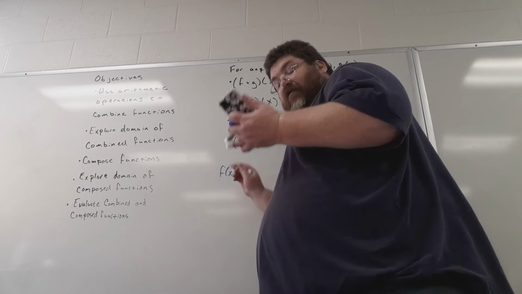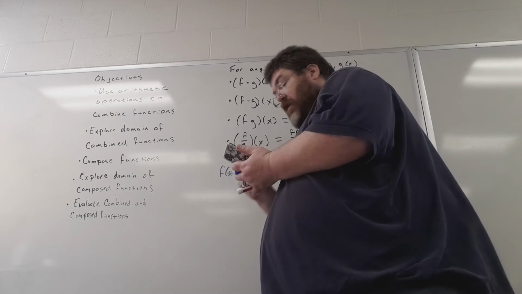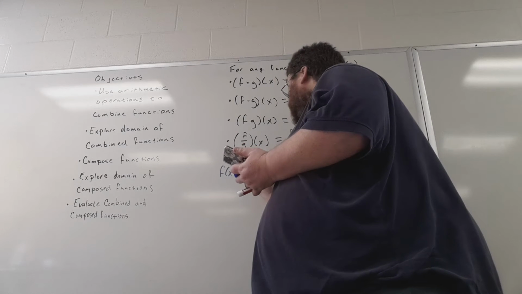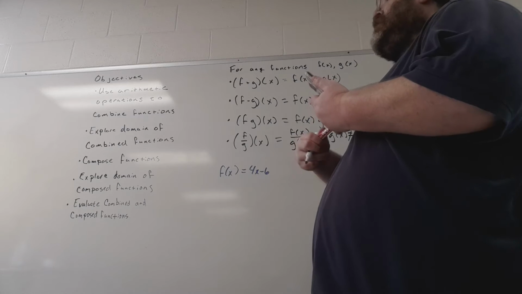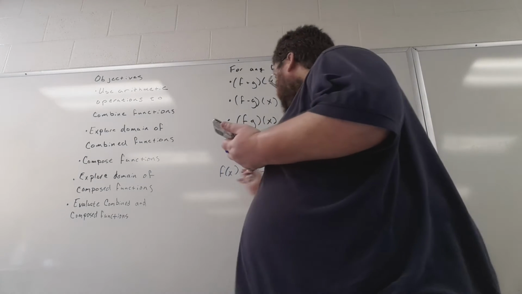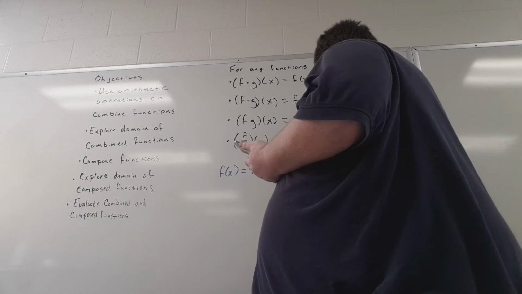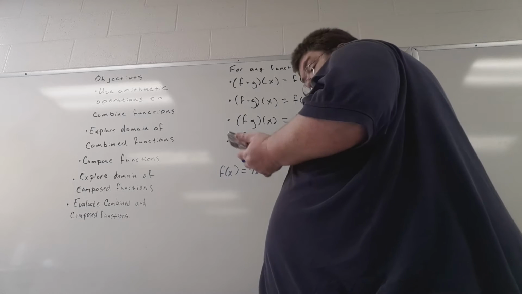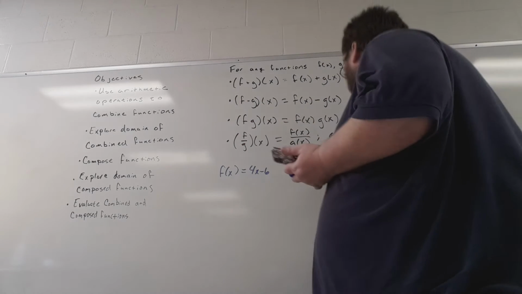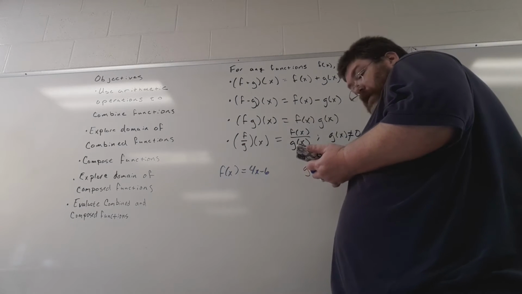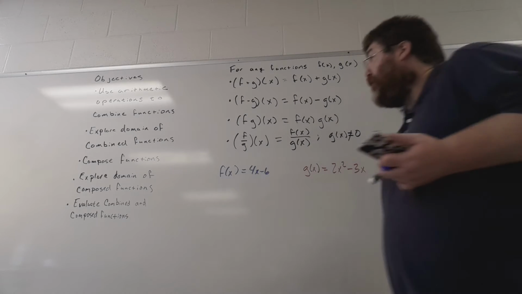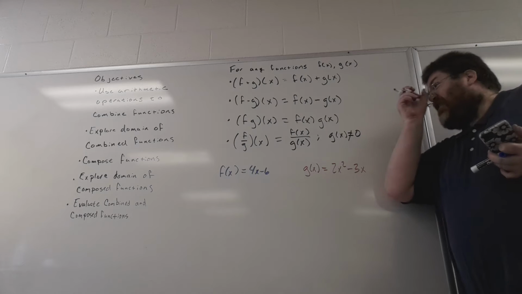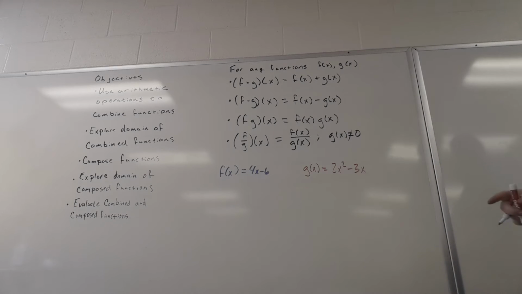So if I have f of x is 4x minus 6, and g of x is 2x squared minus 3x. I want you to find these four combinations of functions and fully simplify them.